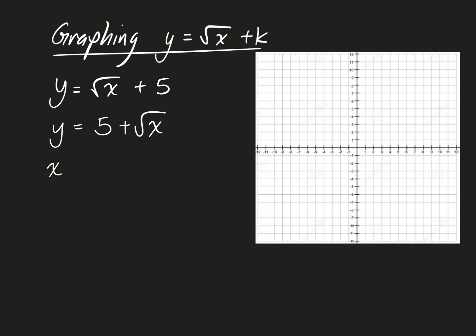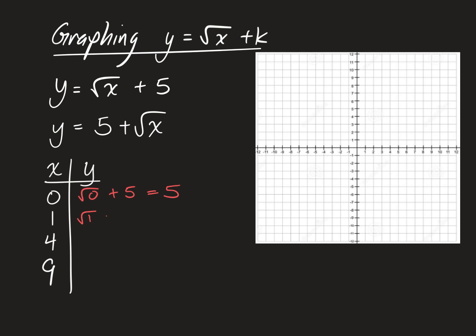So using the values we had from the last slide, we can go ahead and figure out what the y values will be for this particular graph. So we can substitute 0 in for the square root plus 5. We know from the last slide that square root of 0 is 0, so we're just going to add 5 to it. So 0 plus 5, 5.